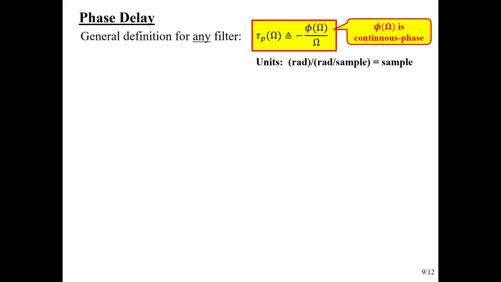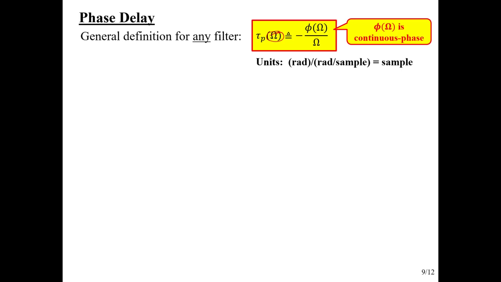So that leads us now to define something called phase delay. We can define this for any filter. We start with the filter and we find its continuous phase representation. And then we convert the continuous phase representation into the phase delay. So this is the phase delay of that filter. Notice that in general, it's a function of omega. In the previous two examples, we talked about a phase delay being constant over all frequency.